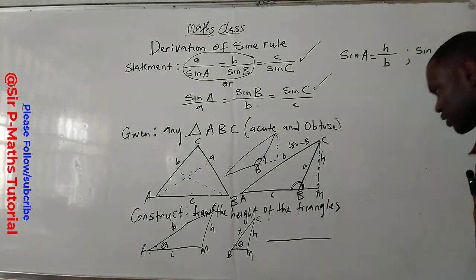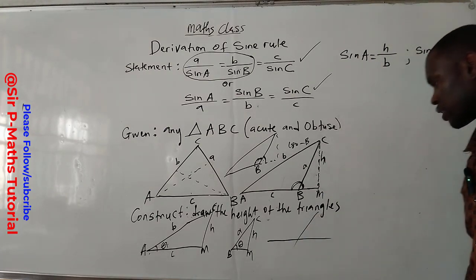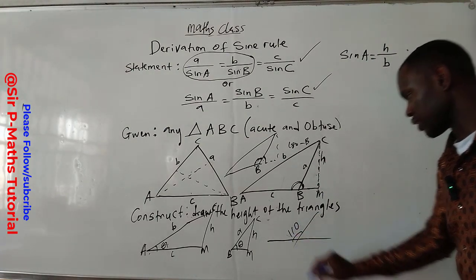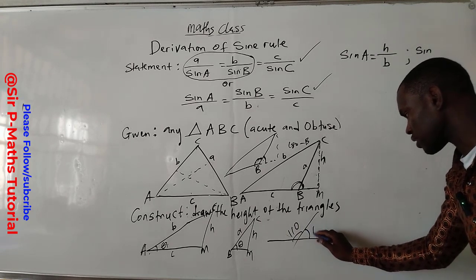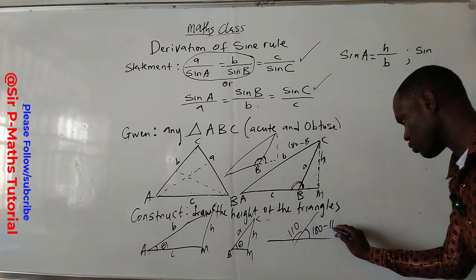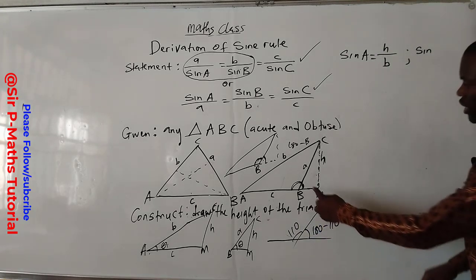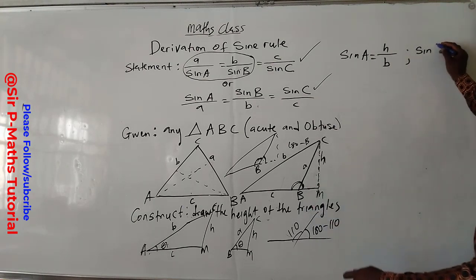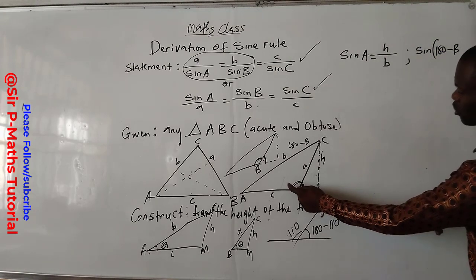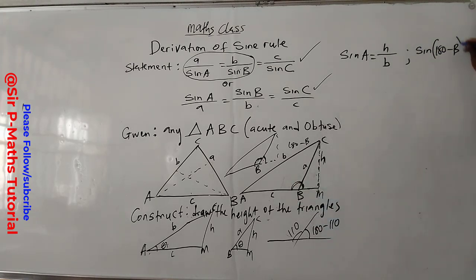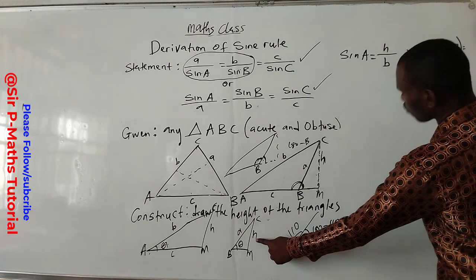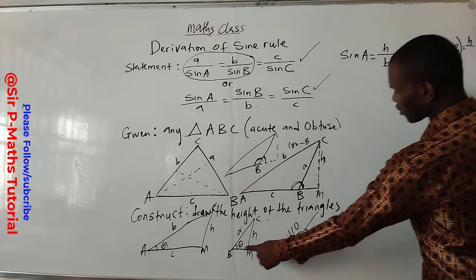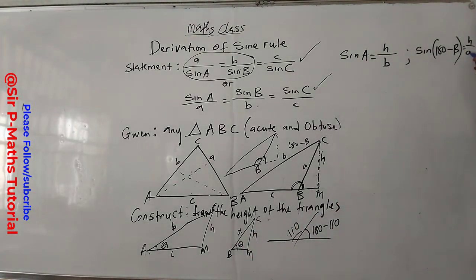Consider this straight line and this line now. If here is 110, to get the angle at this side, I will say 180 minus 110. So to get the angle at this point, I will have sine 180 minus B, which is the original angle given to us, equal to my opposite h over the hypotenuse a.